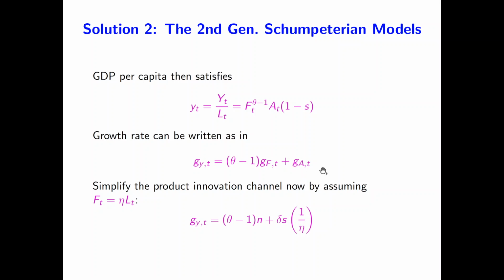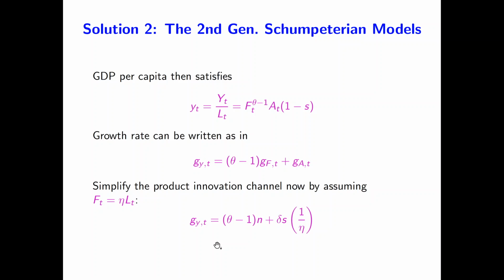But again, since now we are understanding that growth at the firm level is occurring at this rate, okay? So S is the share of the workforce allocated to R&D. Delta is some productivity parameter for R&D, and 1 divided by eta basically represents that fraction. All right.